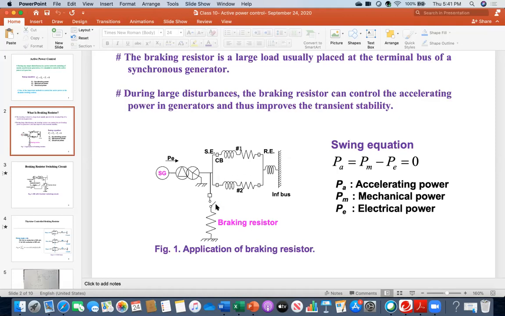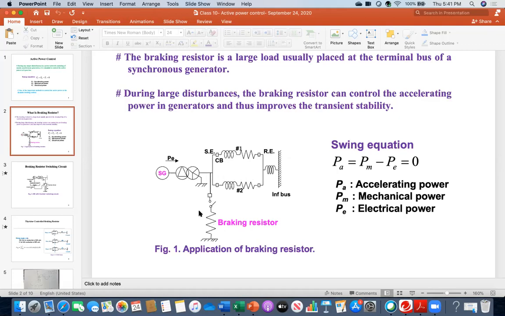At that time, if you switch in this braking resistor with the help of automated control, what will happen? Current will come this way. And this is simply a linear resistor. It is nothing but an R.